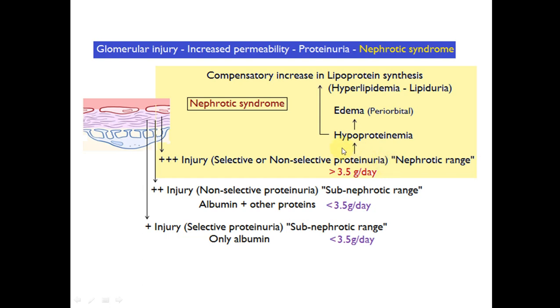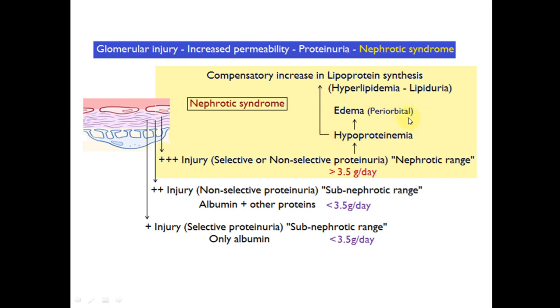As a result of the loss of proteins, there will be hypoproteinemia and hypoalbuminemia, and the decreased level of albumin in the blood will cause decreased plasma colloidal osmotic pressure, or oncotic pressure, and the blood will be unable to pull back the fluid that is lost at the arteriolar end of the capillary by the hydrostatic pressure. The fluid will stay there and lead to edema, initially in the periorbital region, and later on it will become systemic.